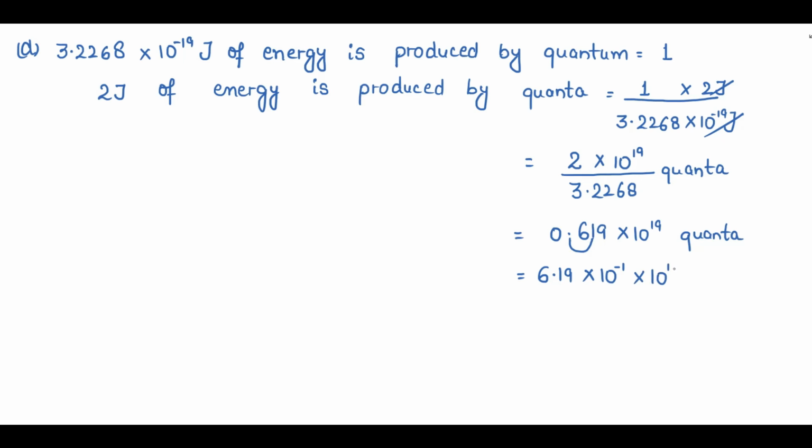Into 10 raised to power 19 quanta. These two powers are in multiplication, so simply add them. 6.19 into 10 raised to power minus 1 plus 19, units quanta. So 2 joule of energy is produced by 6.19 into 10 raised to power minus 1 plus 19. It will be 10 raised to power 18 quanta.